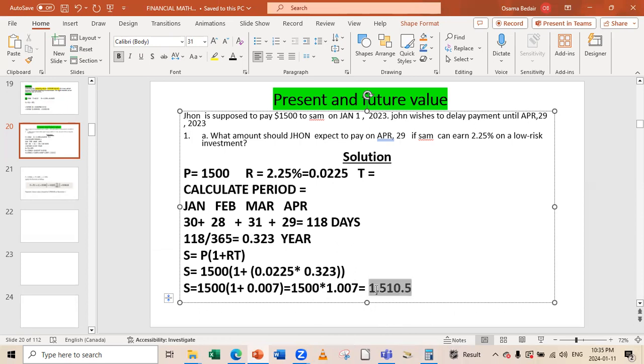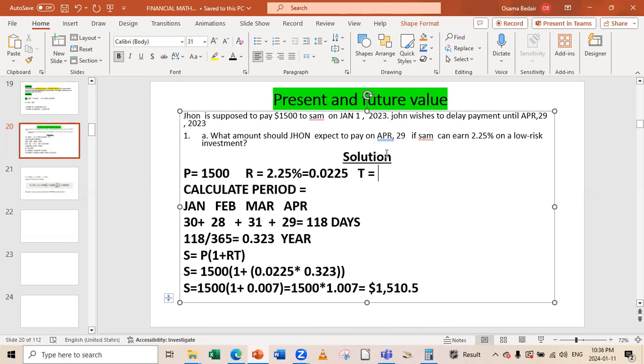So this is the future value of the money which John was supposed to pay to Sam on April 29. This is also in dollars, and we will put the dollar sign here.